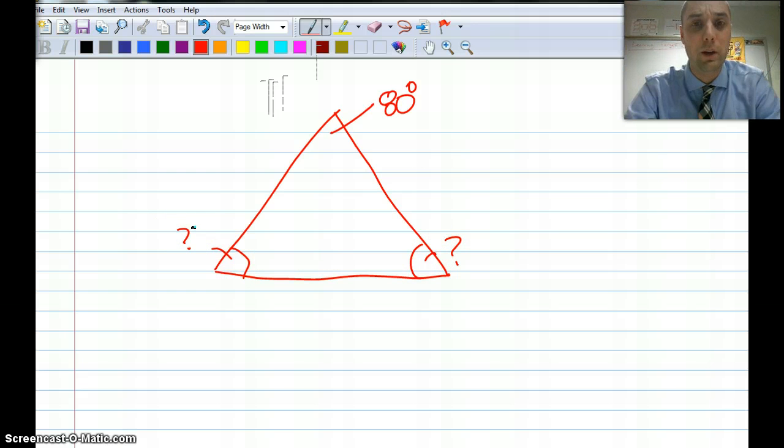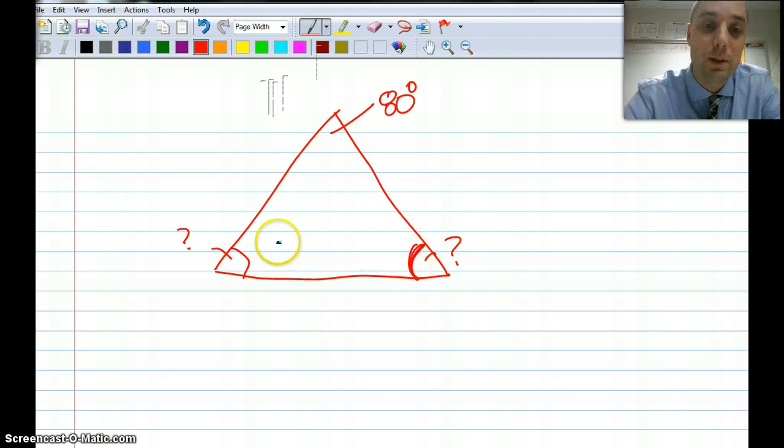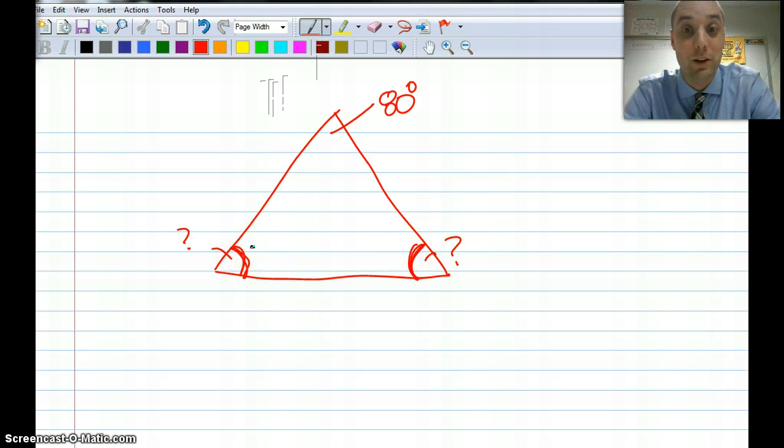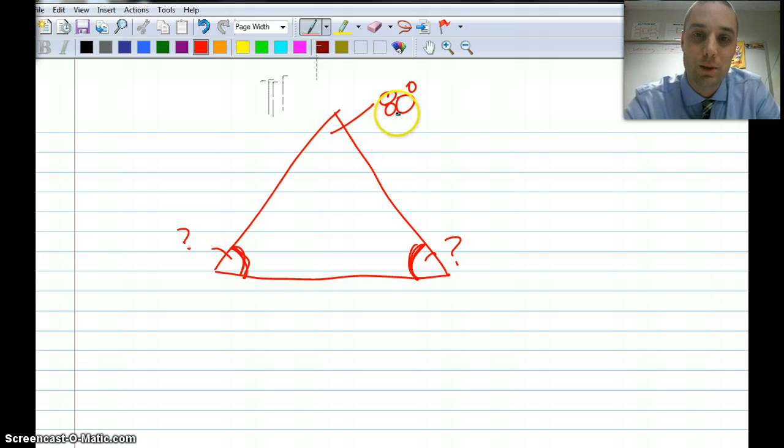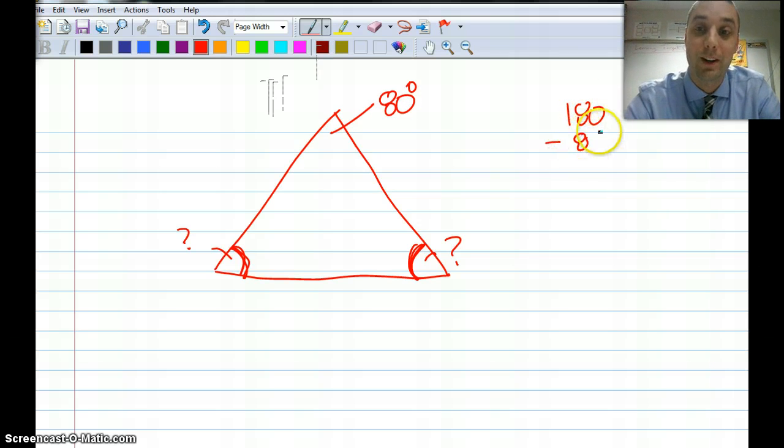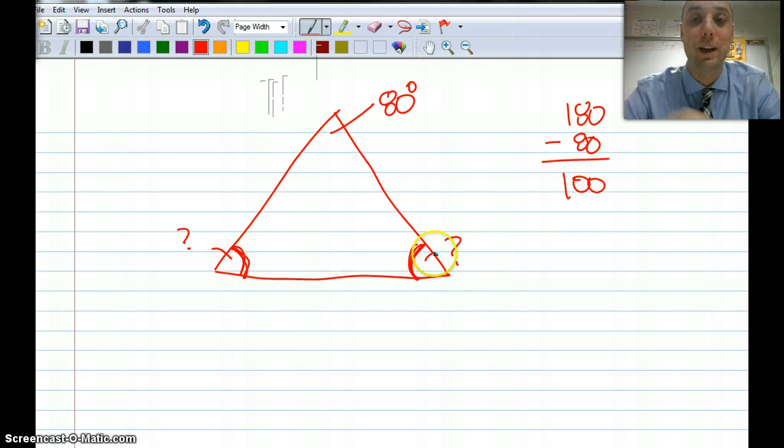You're looking at that going, wait a second, I only know one angle, and I'm supposed to find the two missing ones. Well, these symbols in here mean that those two angles are the same. So 80 degrees is used up already, which means I've got 100 more degrees to use between two equal angles.